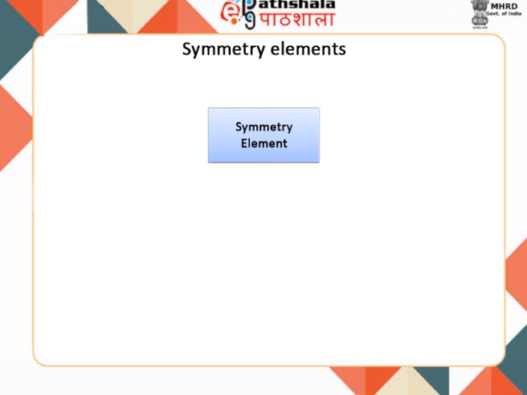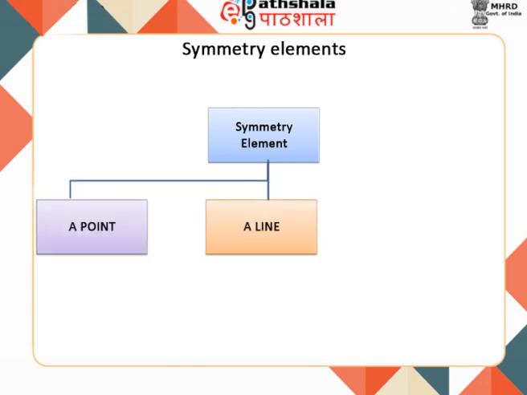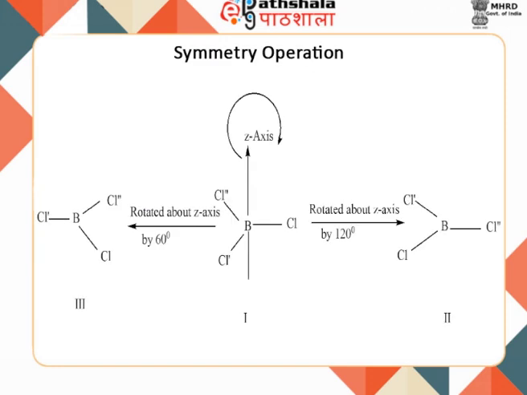A symmetry element is a geometrical entity, that is, an entity which is related to geometry, such as a line, a point, or a plane, about which one or more symmetry operations can be carried out. Now, we will study symmetry operation.